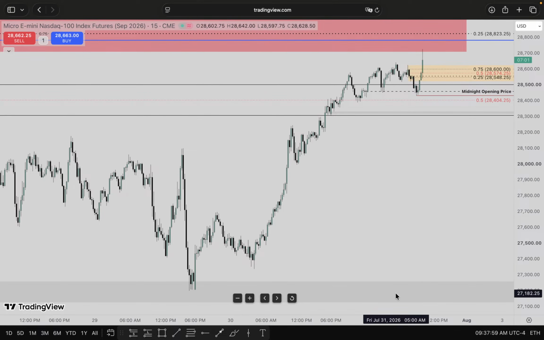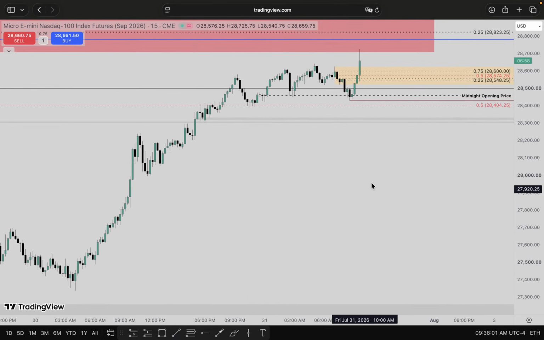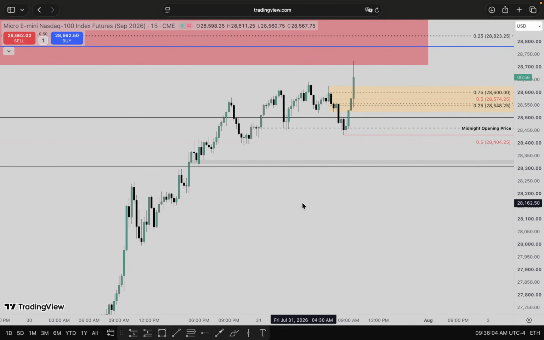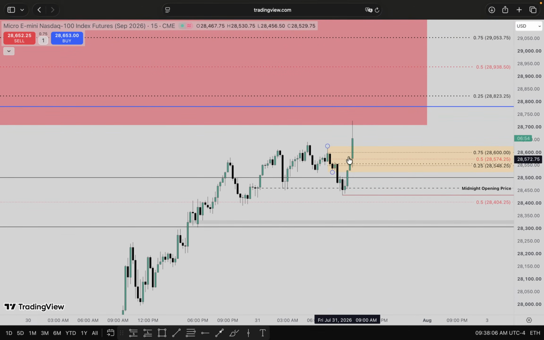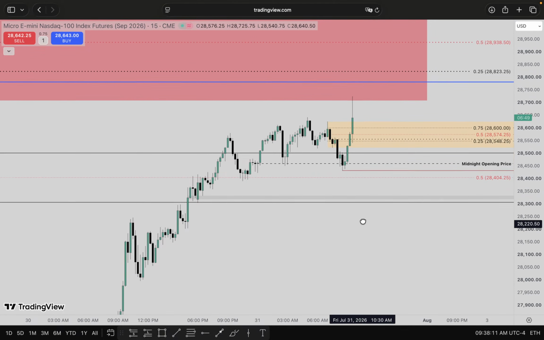We do still have a lot of this drawdown to reach if we're gonna have TGIF, which means now that 9:30 opened up higher, this is where we could be reversing.